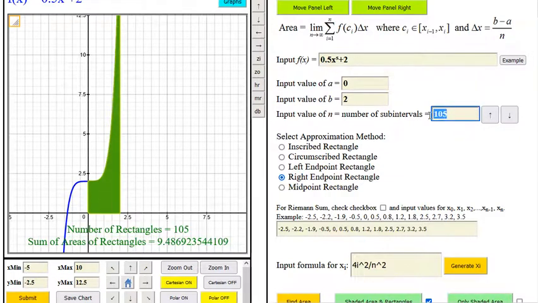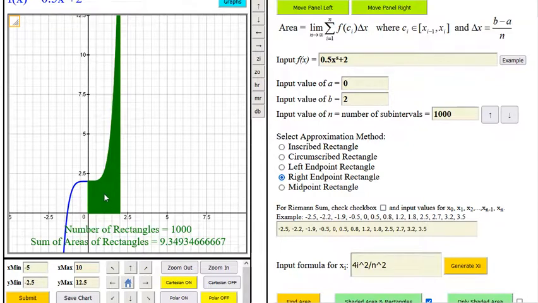And then now let's fill it up with 1,000 rectangles and see what we get. For 1,000 rectangles, we get 9.3435, so that should be a good approximation for the area of the shaded region.